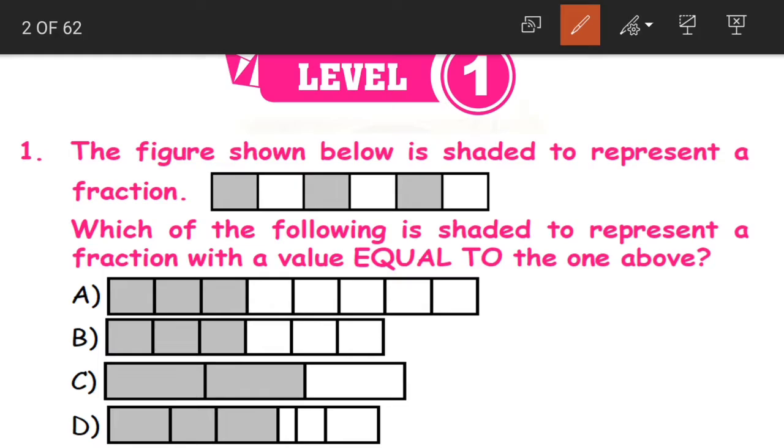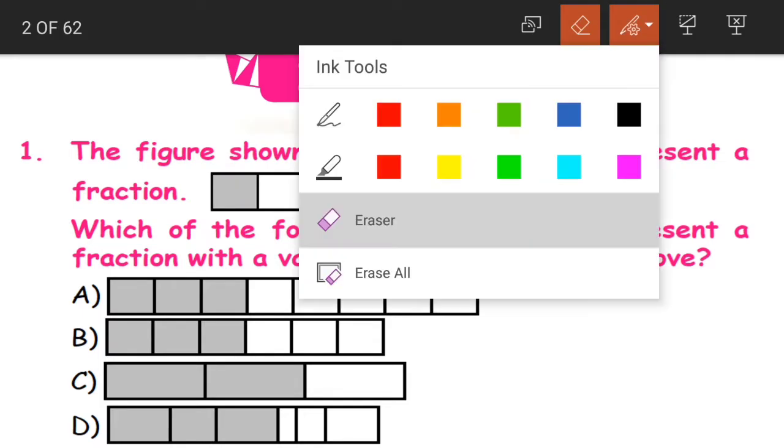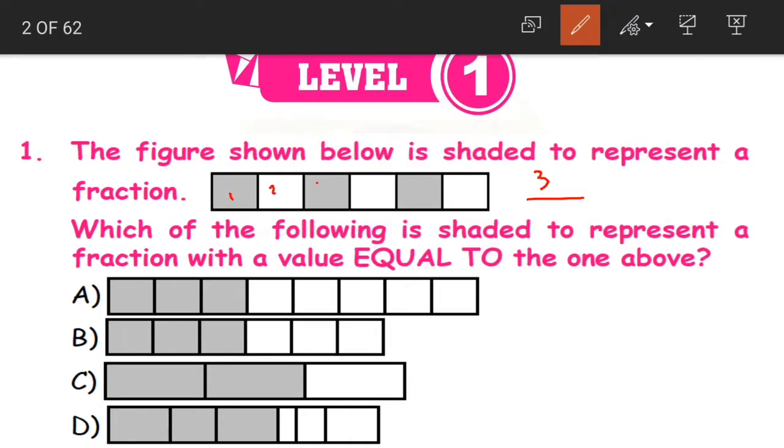First, the number of shaded parts, that is 1, 2 and 3, divided by the total number of parts. The figure is divided into 1, 2, 3, 4, 5 and 6. So 3 by 6 is the fraction of our figure in the given question.